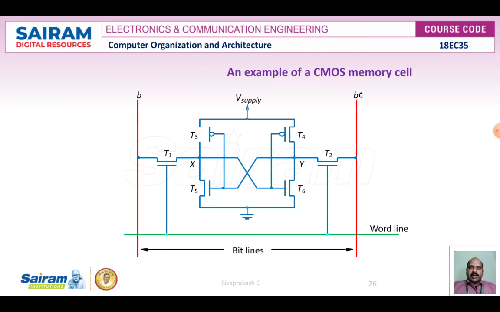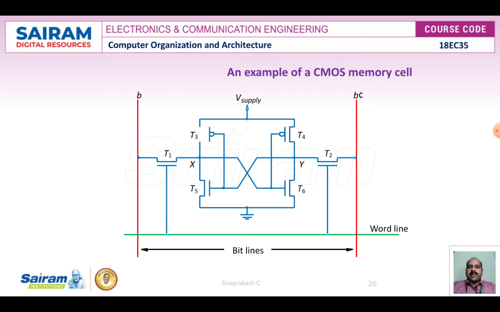For example, in state 1, the voltage at point X is maintained high by having transistors T3 and T6 on, while T4 and T5 are off. Thus, if T1 and T2 are turned on, bit lines B and B dash will have high and low voltage signals respectively.